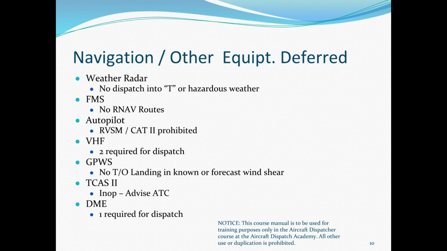Cat 2 approaches. We've talked about Cat 2 a little bit, but basically they're reduced minimums. Our standard ILS minimums are going to be 200 and a half mile, right? That's what we've drilled into your heads. A Cat 2 approach is basically half of that.